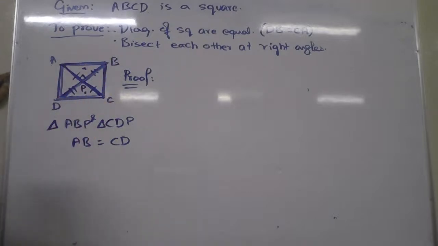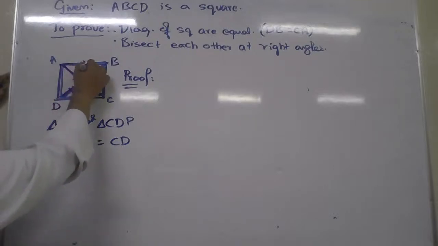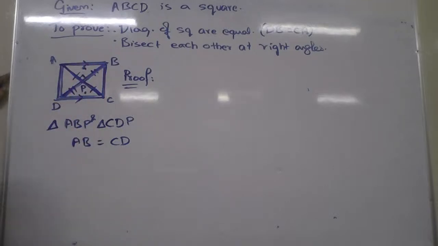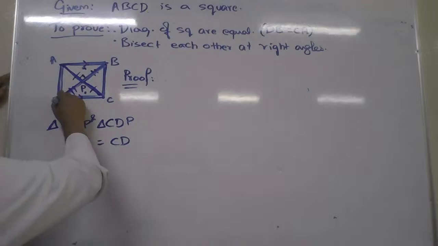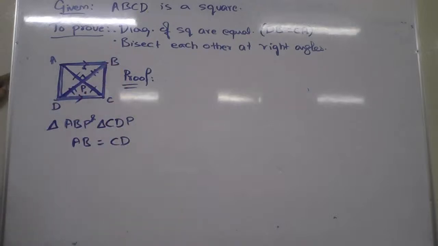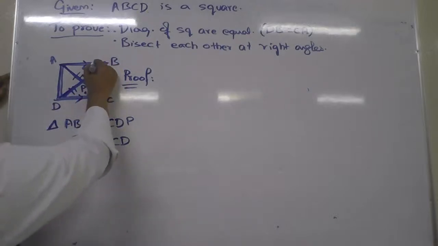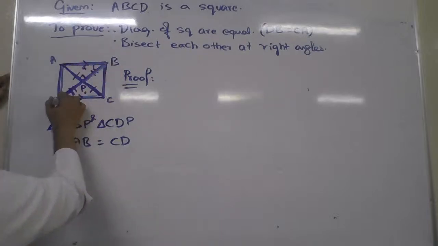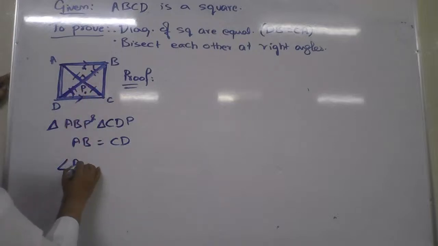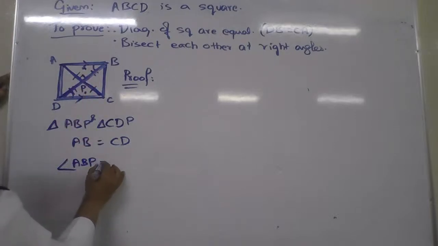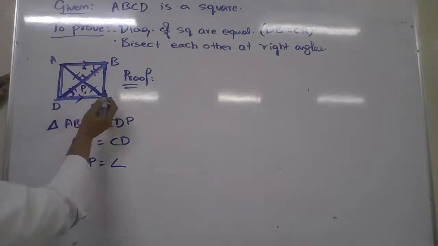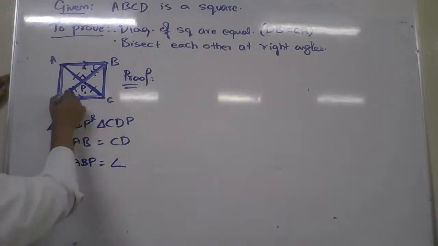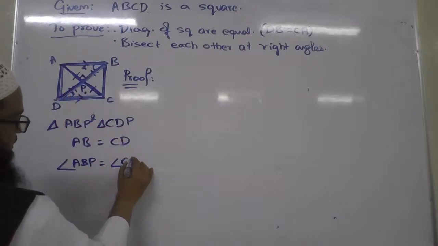Okay, and after that, do we know that AB is parallel to CD? So if these two are parallel and this is a transversal, are these two angles equal? So angle ABP is equal to angle CDP.